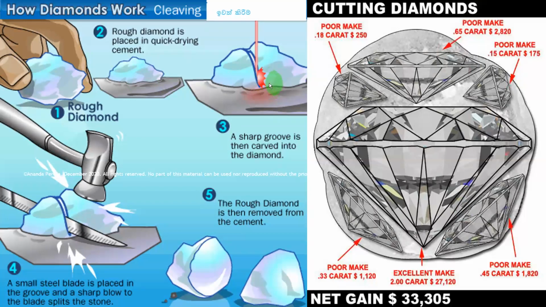Now look at the rough diamond here. Diamond is a single refractive gemstone, not double refractive. So when we are cutting the diamond, we can take the table facet to any direction. Look at the main stone.